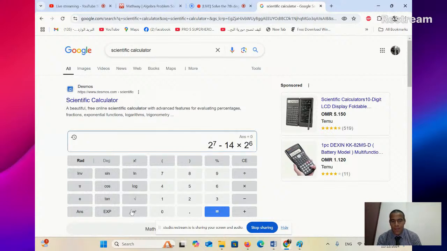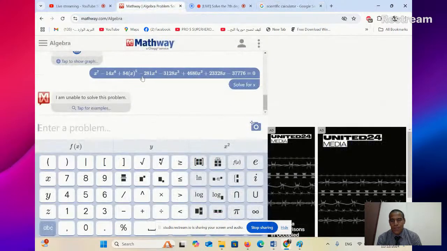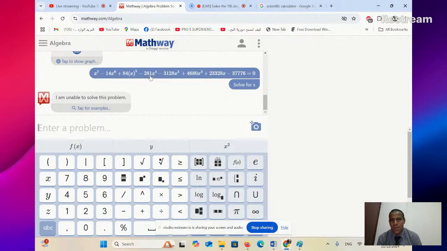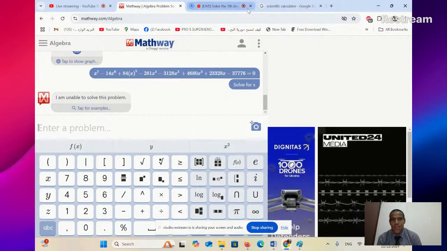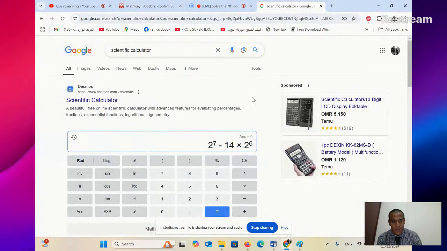Then we get minus 281 x^4, minus 281 multiplied by 2 to the power 5, sorry.